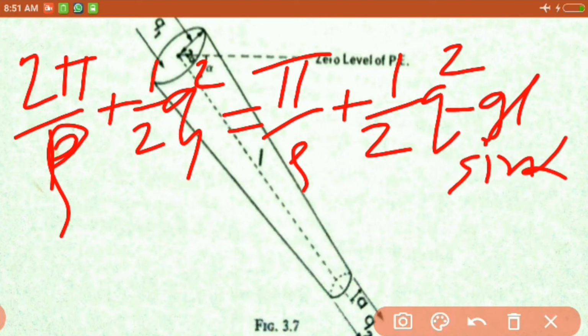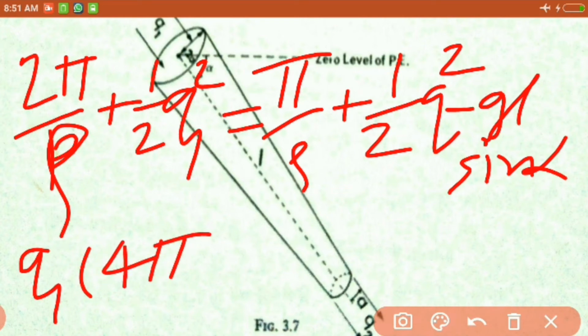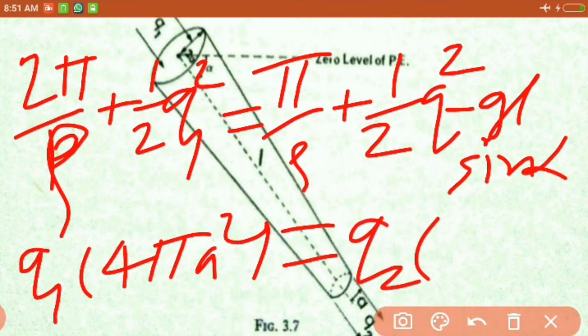This is the first equation. And the second equation is Q1 into 4 pi a square is equal to Q2 into pi a square.